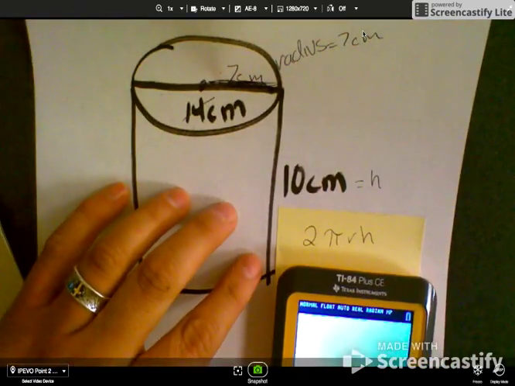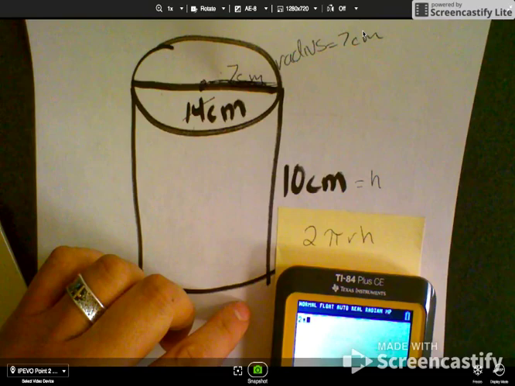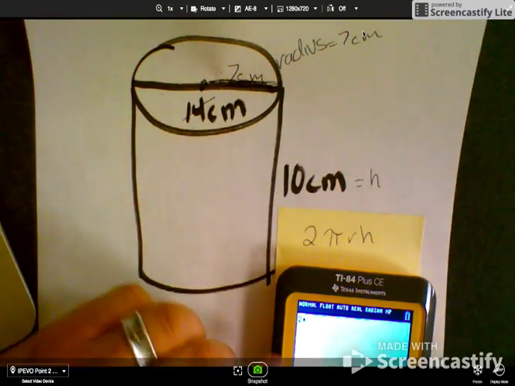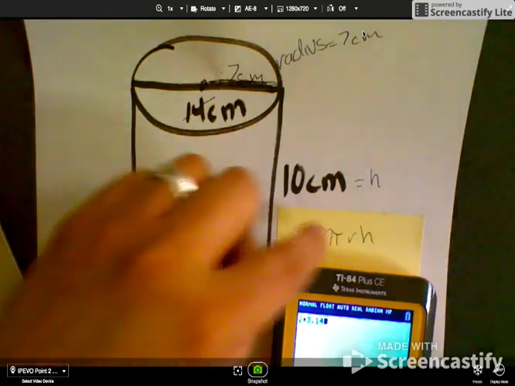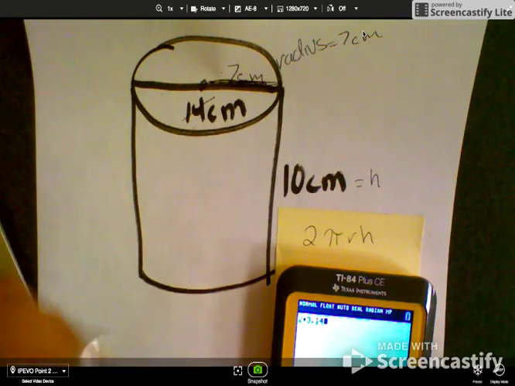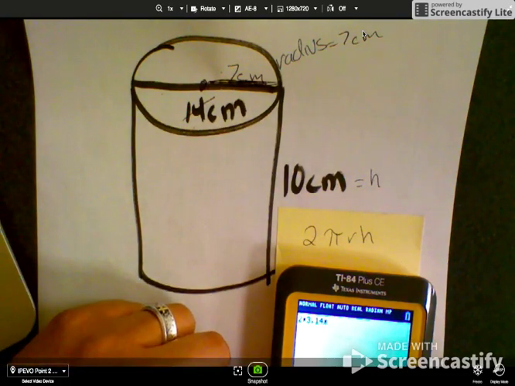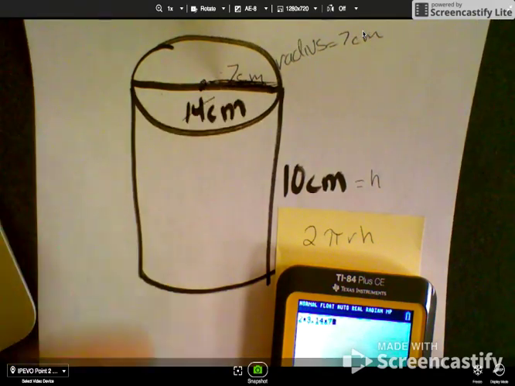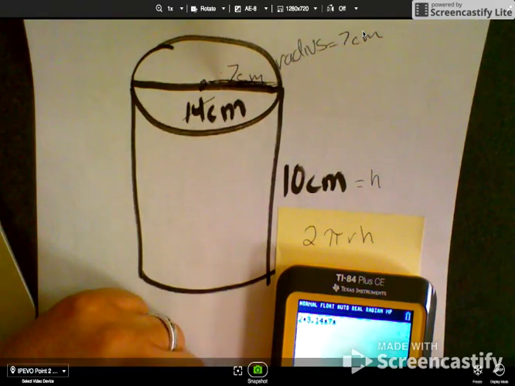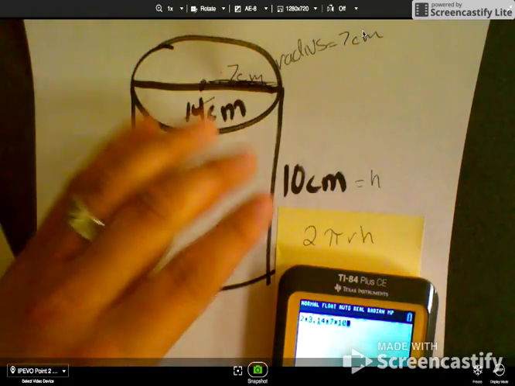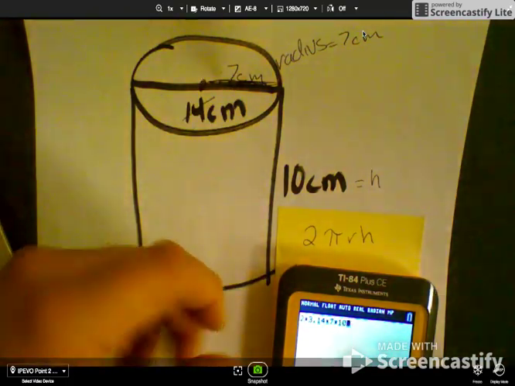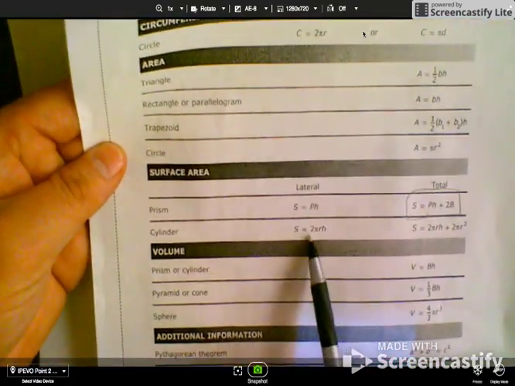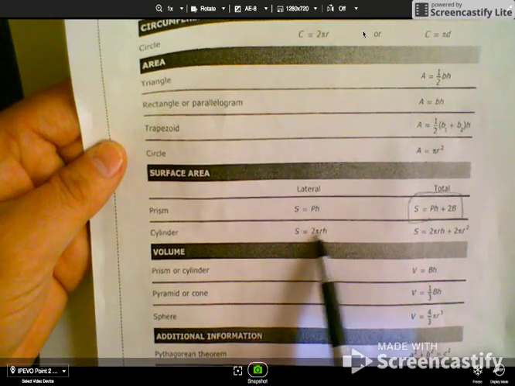I got 2 times, well, my pi can sometimes be 3.14, or you could use the symbol pi. That's up to you guys. Times my radius, which would be 7, which is here, and times my height. Now, as you can see, when you look at the formula chart, there's no symbols between the letters and the numbers.